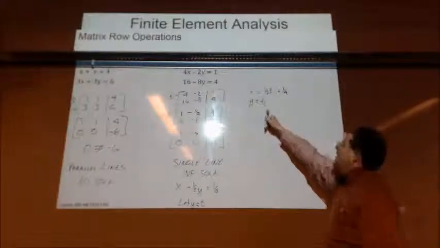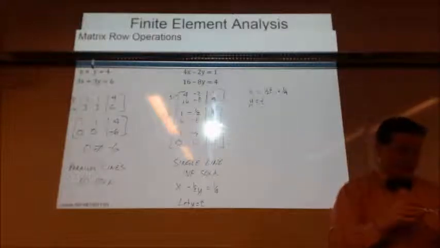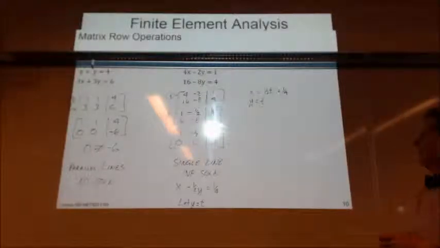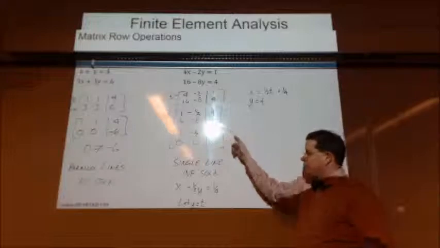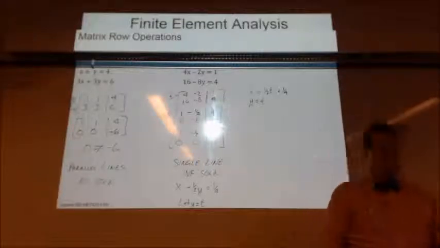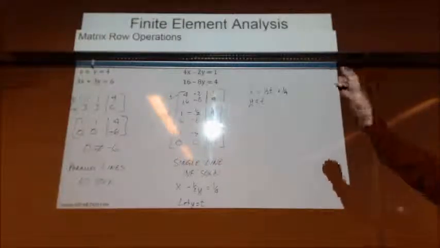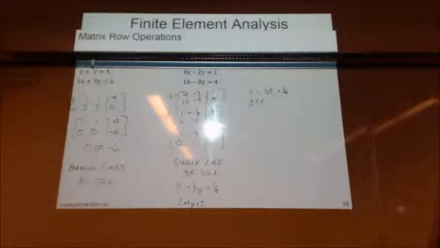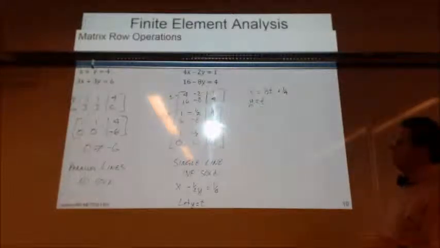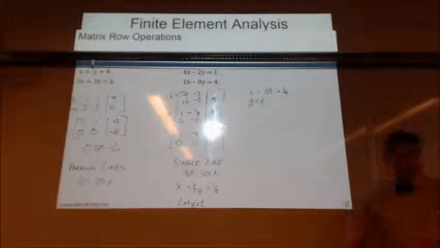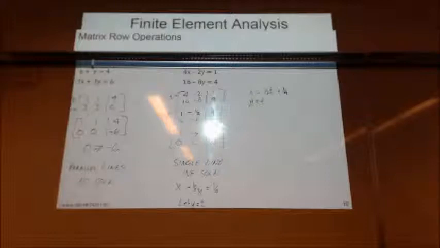So now, any real number that we put in for t, we're going to get a solution for this equation. And it's all going to be along one line, whatever direction that's going. So these will come into play when we get a little farther into matrices.